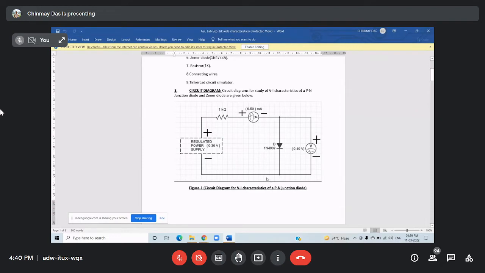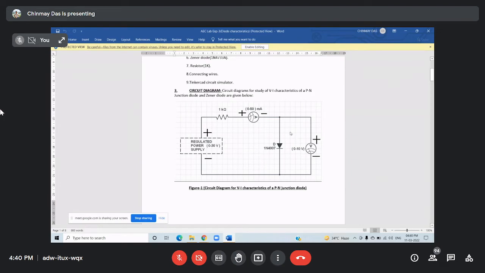After this, we will vary the input voltage from the regulated power supply and observe the voltage across the diode and the current in the circuit. By this experiment, we'll verify whether practically we get the same results that ma'am explained theoretically. The knee voltage or turn on voltage of a PN junction diode is theoretically 0.7 volt, so practically we will verify that.